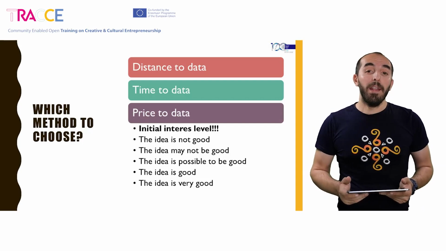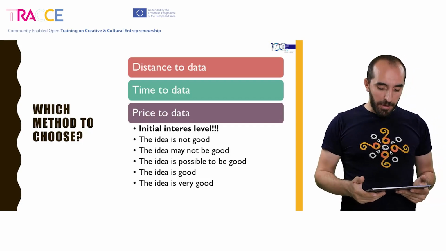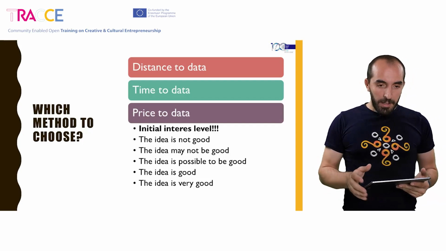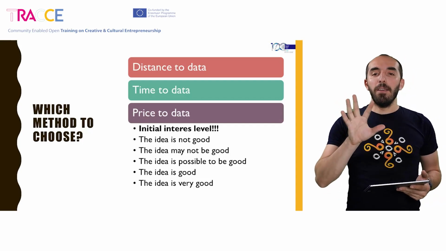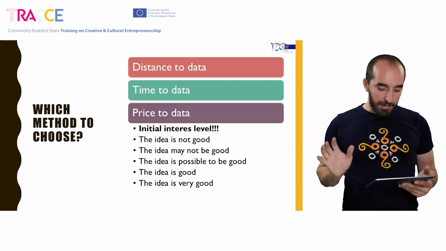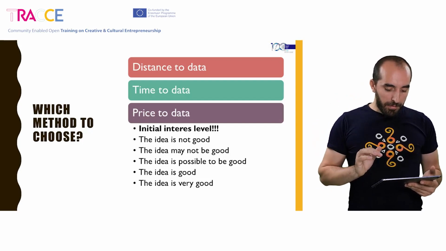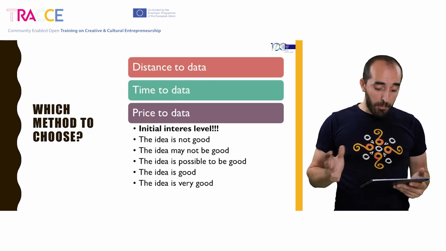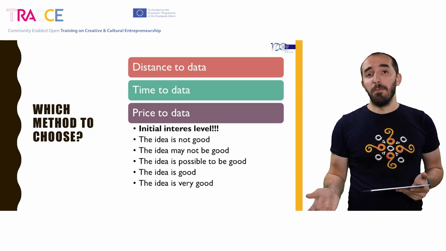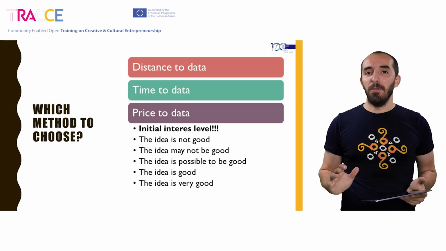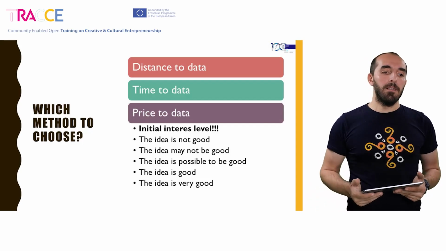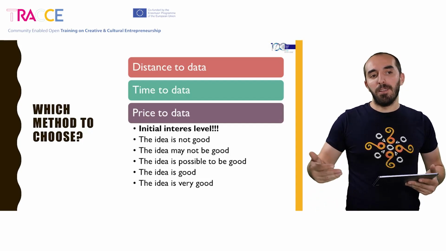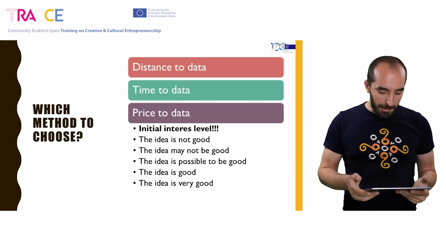Now, after you test your idea, usually you may find 5 interest levels. The first interest level that you may find is that the idea is not good. Here maybe you should stop testing your idea and try another idea.